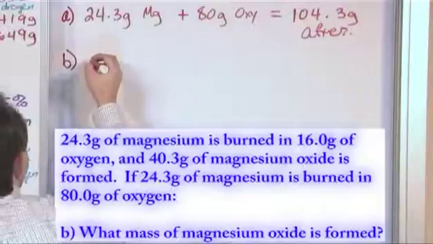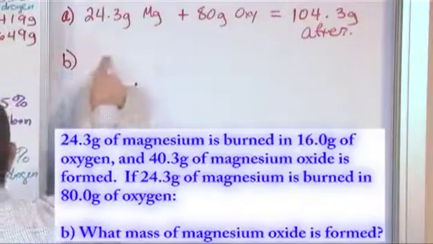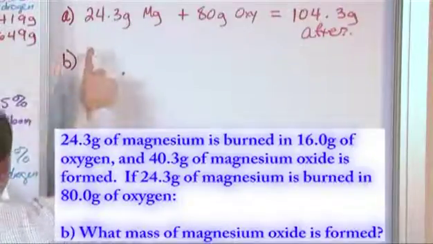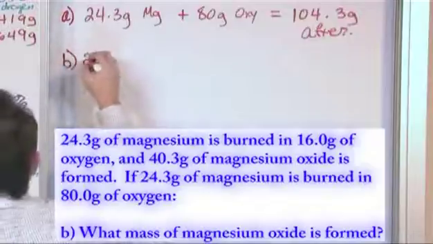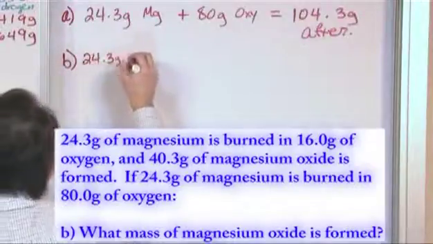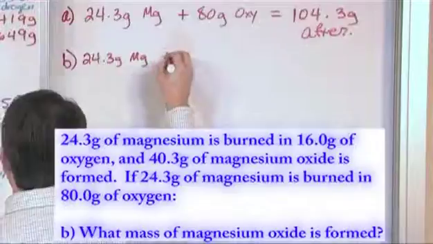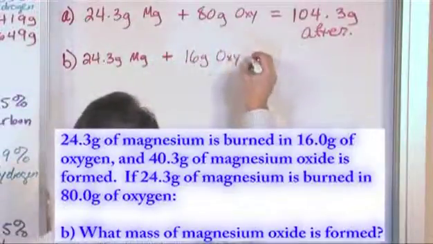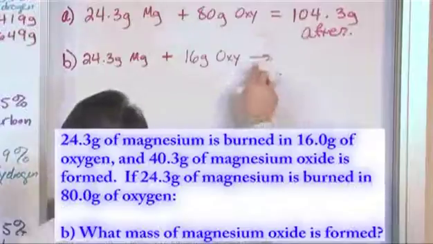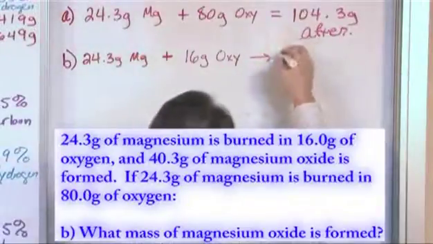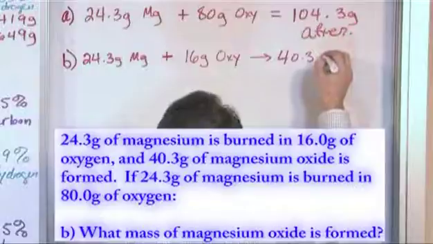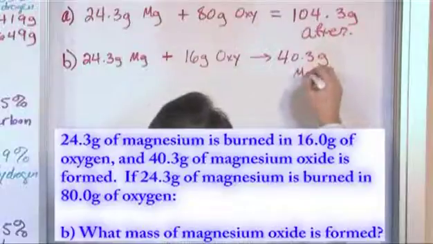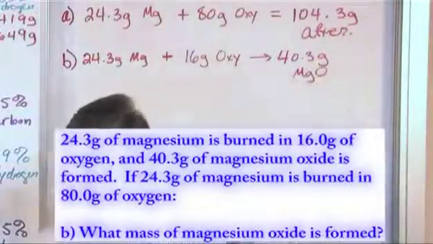What we know is that for the very first reaction that was given to us, 24.3 grams of magnesium combines with 16 grams of oxygen. And that produces, so I'm going to put an arrow for produces or yields, 40.3 grams of magnesium oxide.